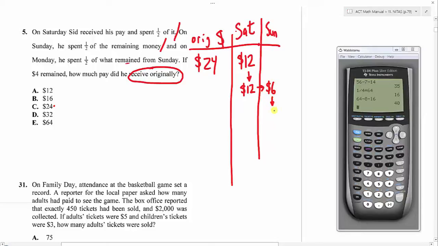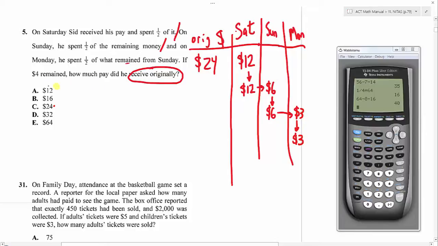So that means, again, 6 is going to remain. So we're just cutting in half what he has to find out what remains, really. But I'm going to keep track of all this. So 6 remain. And then on Monday, he spends half of what remained from Sunday, and remember 6 remain, so he spends 3 and then 3 remain.